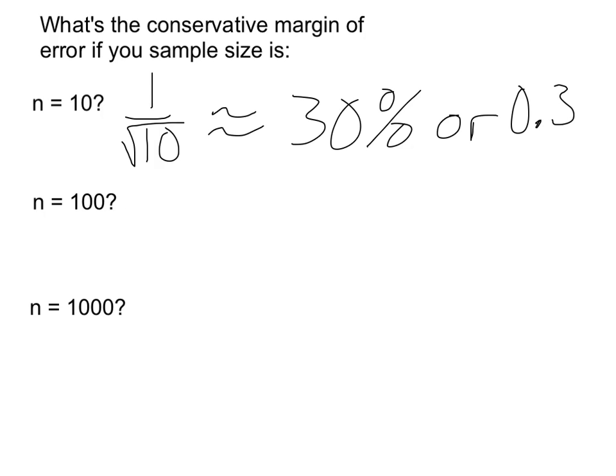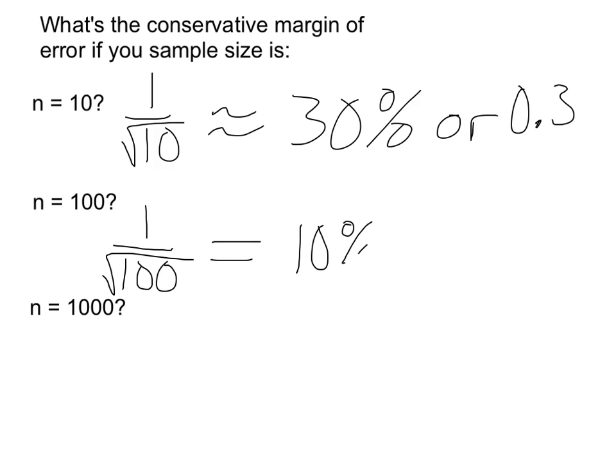If our sample size is 100, we're going to do this instead: 1 divided by the square root of 100. That's actually very easy because the square root of 100 is just 10. So our conservative margin of error in that case is going to be 10%, or 0.10.